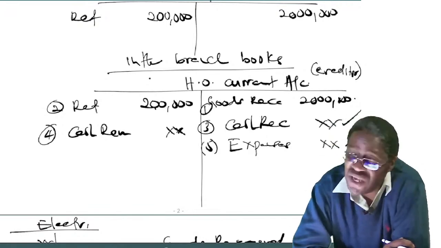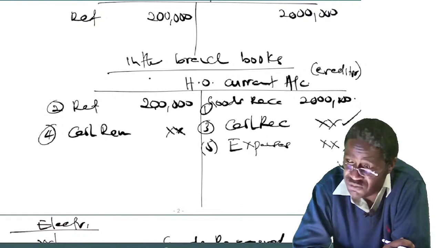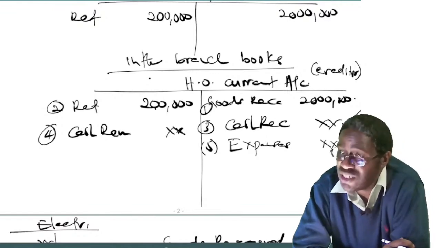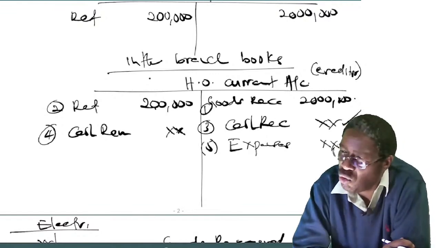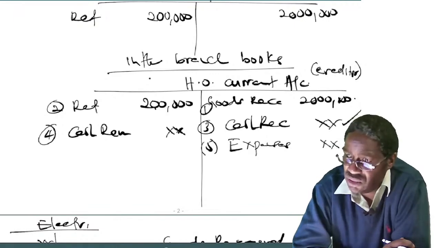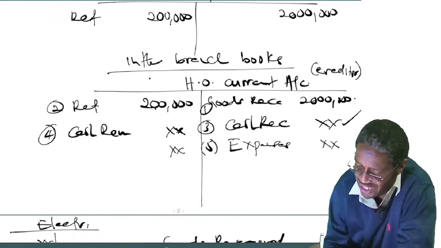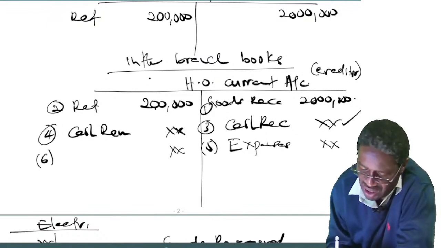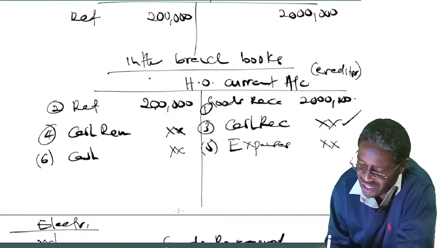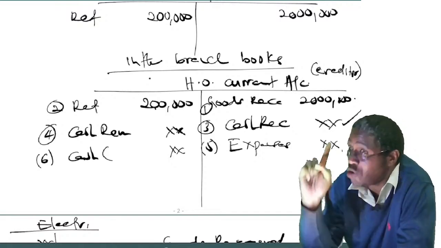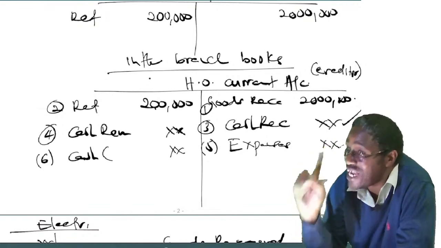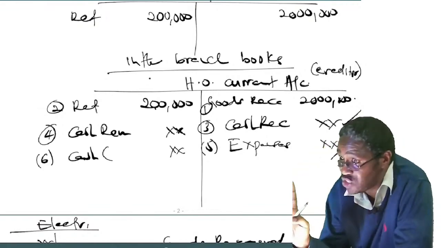So if they are paying something on behalf of the head office, then as a branch, they need to reduce what they owe to the head office. Good. To reduce what they owe to the head office, they must debit head office current account. So number 6 now will be, they will debit head office current account and credit cash. Don't forget, it is the branch paying that expense.